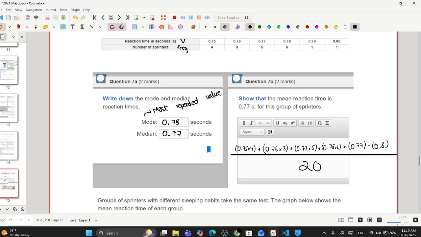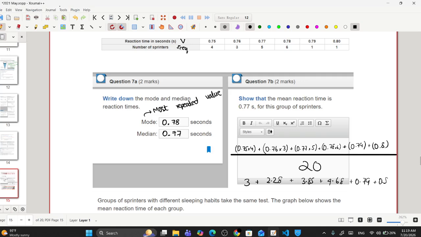So if we were to solve it, 0.75 multiplied by 4 becomes 3, 0.76 multiplied by 3 becomes 2.28, 0.77 multiplied by 5 becomes 3.85, I think. I'm sure it becomes that. Then 0.78 multiplied by 6 becomes 4.68, I think, plus 0.79 plus 0.8.